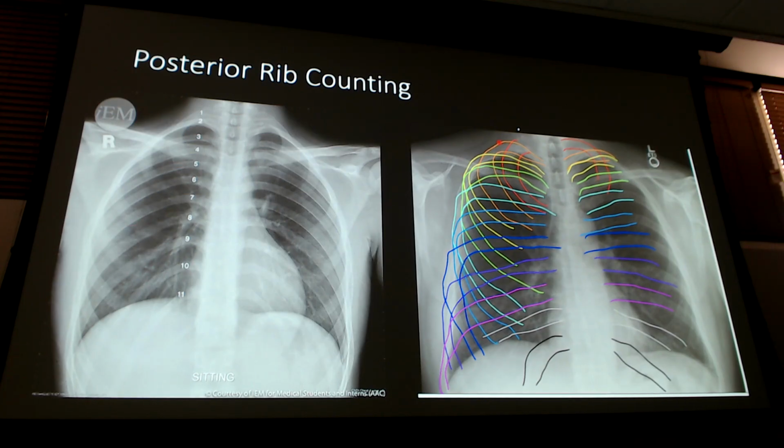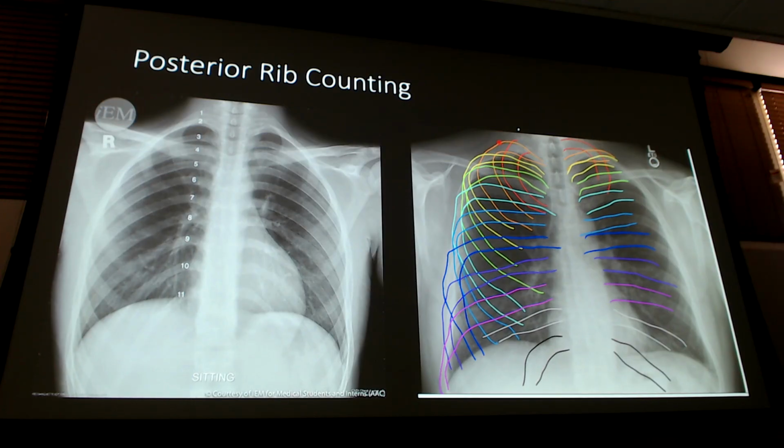Now, how do we count them? Be very, very careful. Okay? Look at 1 and 2. 1 and 2 are almost directly on top of one another. It is very easy to count number 2 as number 1 when you're counting your posterior ribs. I, again, am a simple man.